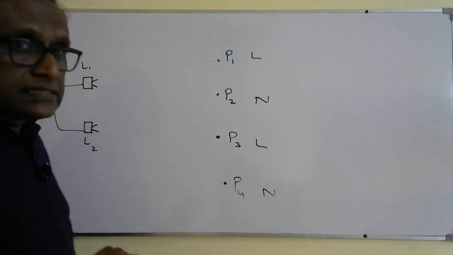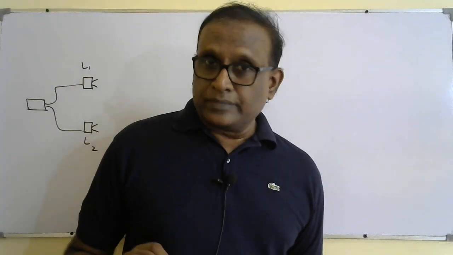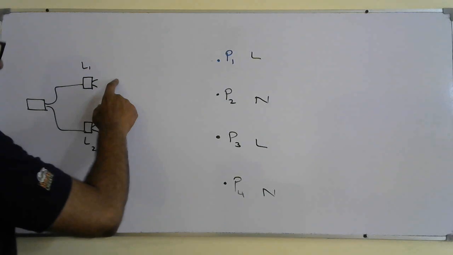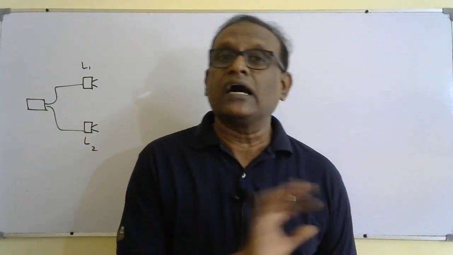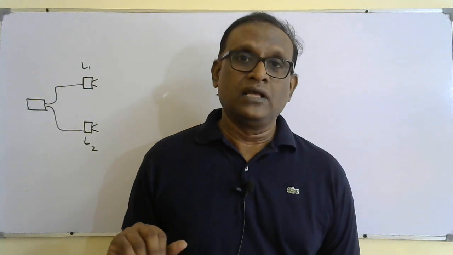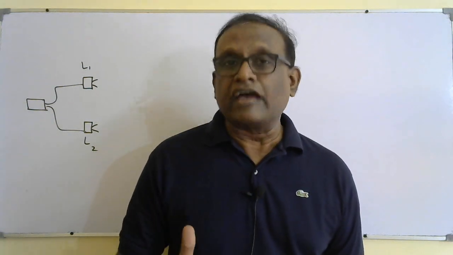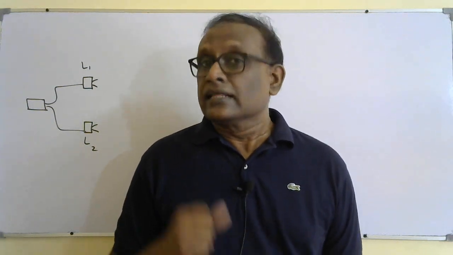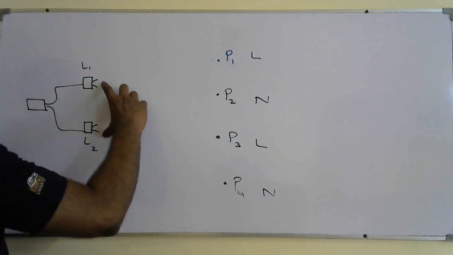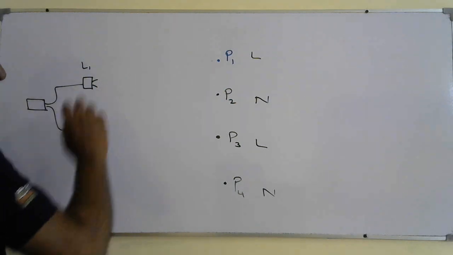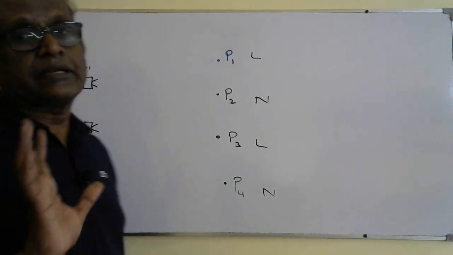Coherent waves means the two waves must have the same frequency. They can't have different frequencies. That is the first condition. The second condition is that the phase relationship between the two waves should remain constant at a point.